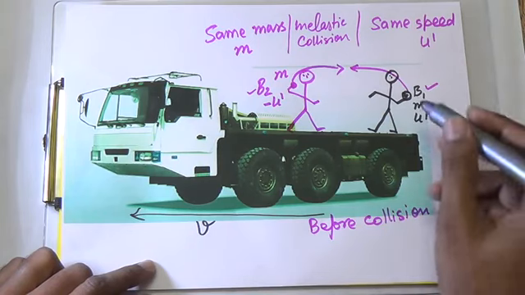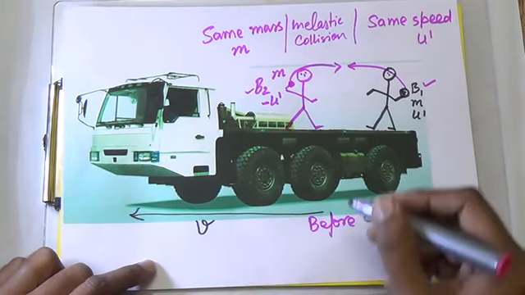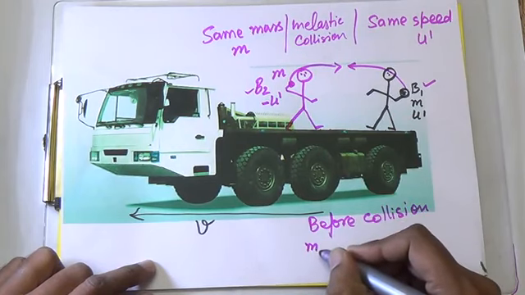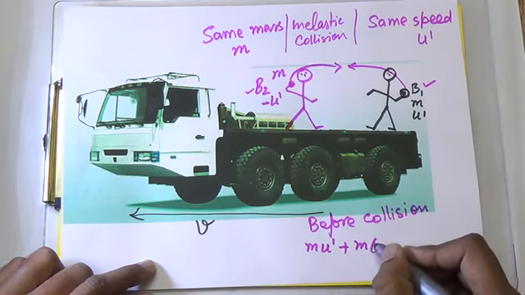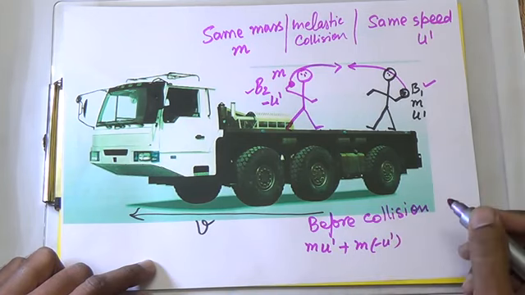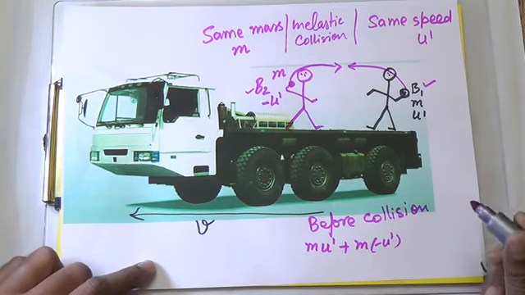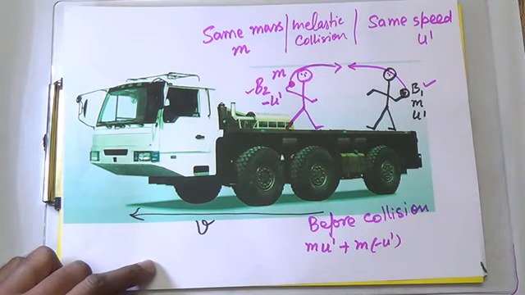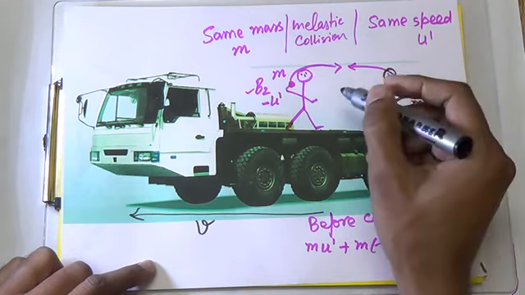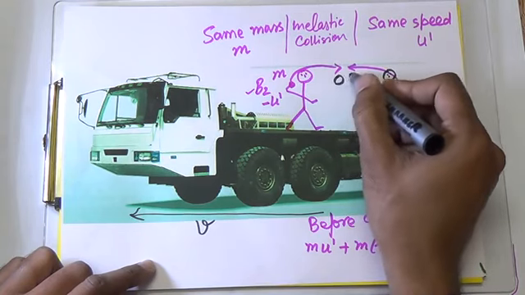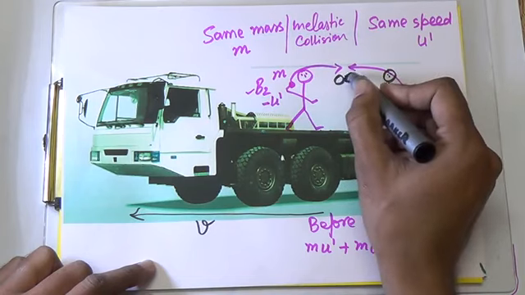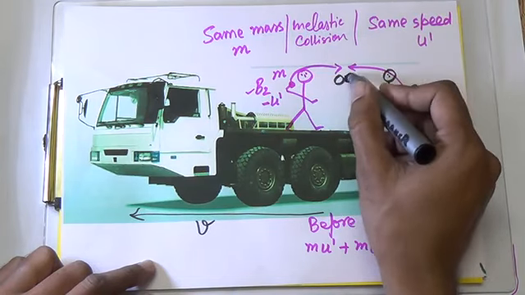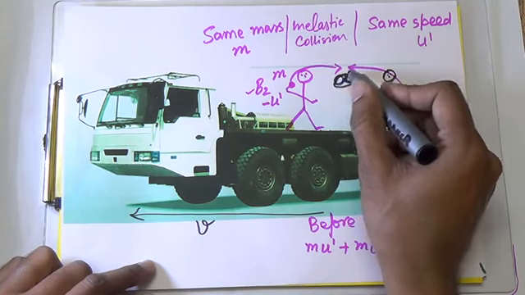So that is the meaning of inelastic collision. Before collision, according to this situation, m u prime plus m times minus u prime is the total linear momentum. After collision, we assume that when the collision takes place, the two balls stick together and form a single ball.